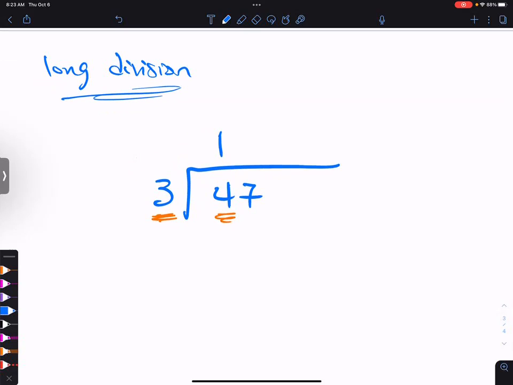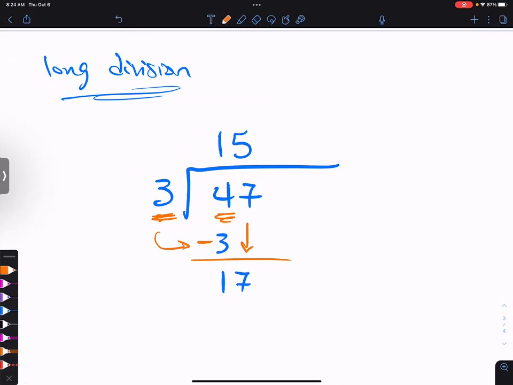Then you multiply, right? 1 times 3 is 3. Subtract. 4 minus 3 is 1. So I carry that down, right? 3 doesn't go into 1, which is good, because if it did, that would mean I goofed up the step before. 3 doesn't go into 1, so I carry the next thing down. How many times does 3 go into 17? 5.